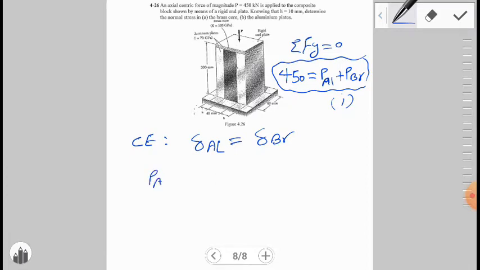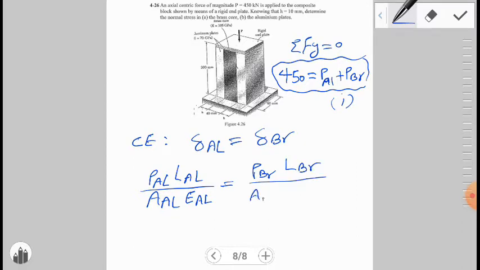P aluminium, L aluminium, A aluminium, and E aluminium is equal to P brass, L brass, A brass, and E brass. This L and this L can be removed because they have the same length.